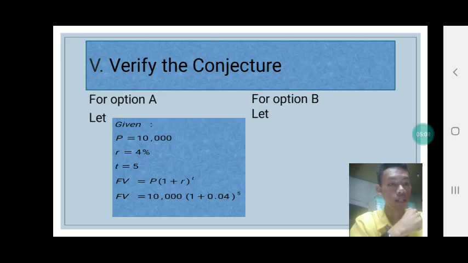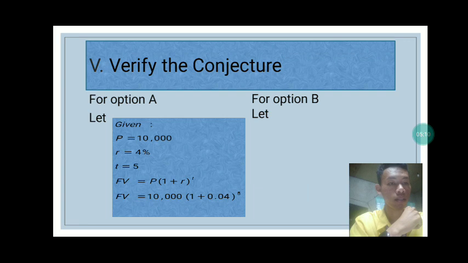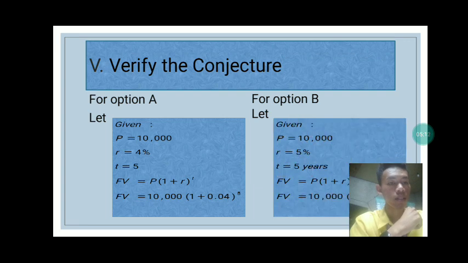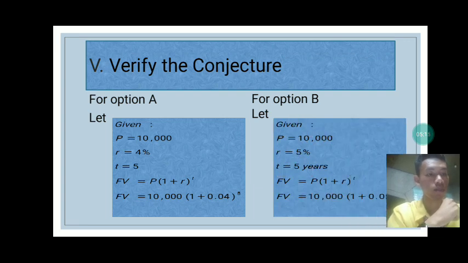For option B, P equals 10,000, which is the present value, R is 5%, T is 5 years. So the formula we're going to use is future value equals present value multiplied by 1 plus our rate raised to T, which is our time.